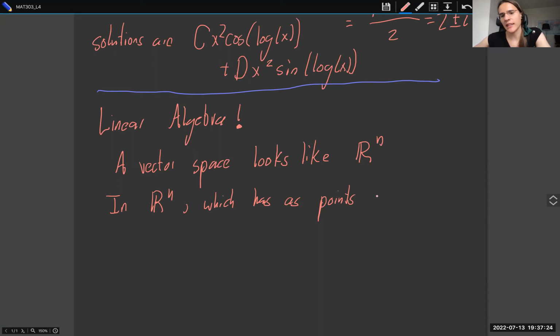We traditionally write them as v for a vector, and we traditionally write them in a column. It would just be x1 through xn, and those are the coordinates of the vector. Typically, if we just have a real n-tuple, we'd write something like x1 through xn. That's just an n-tuple. But in linear algebra, we're going to write it in column vector form.